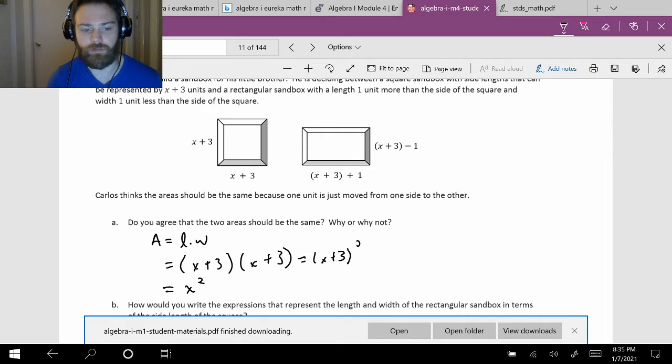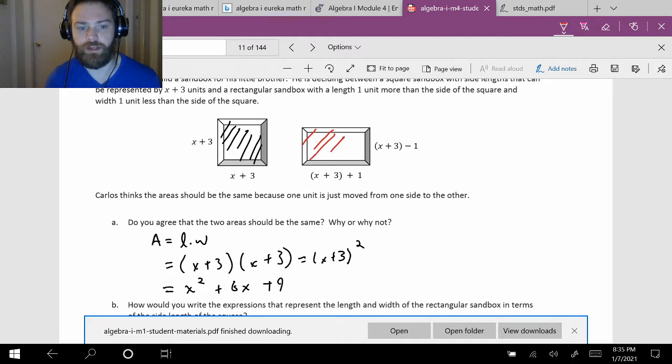That identity is 2 times these two terms, so 6x, and then that term squared. So x squared plus 6x plus 9. So this is the area of this first rectangle. I'll do that in black, and then in the next one I'll do it in red.